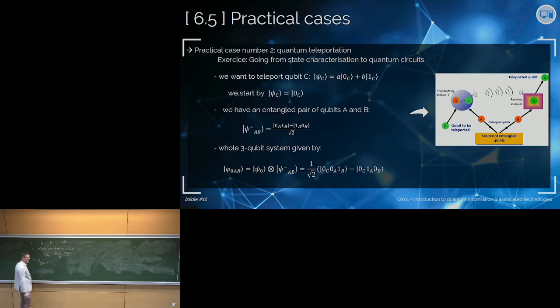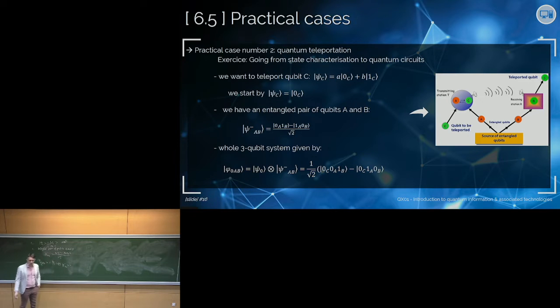That is because the next operation will be to put C in a superposition state to be teleported. So the initial state will be psi 0, tensor product with psi minus AB. Okay?